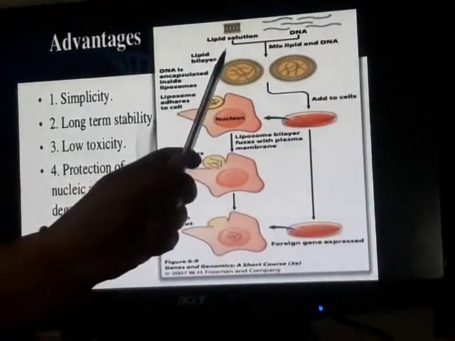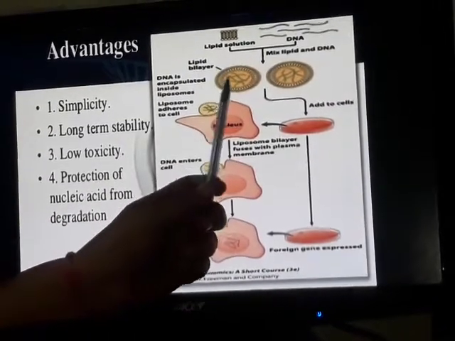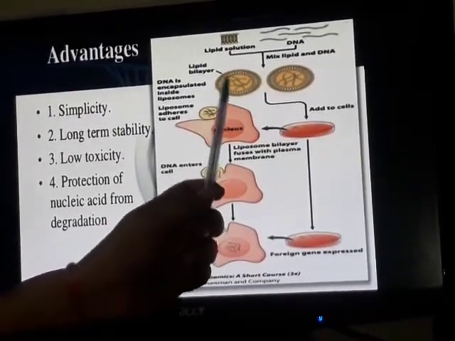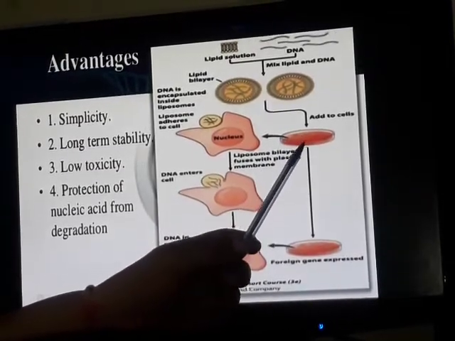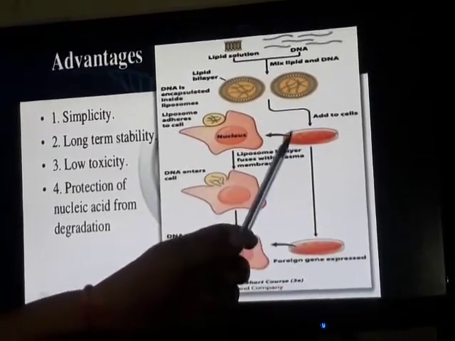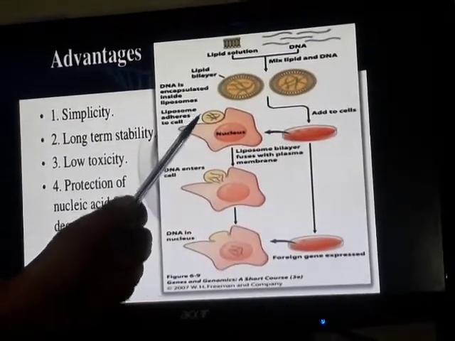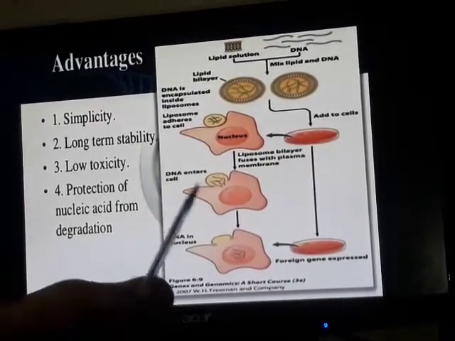You can see here the lipid solution and the DNA are mixed. In the aqueous layer the DNA is present, and this is your lipid layer, and this is incubated with the cells so that they take it up, and the liposome is introduced into the cell. So you get your foreign DNA introduced into the host cell.